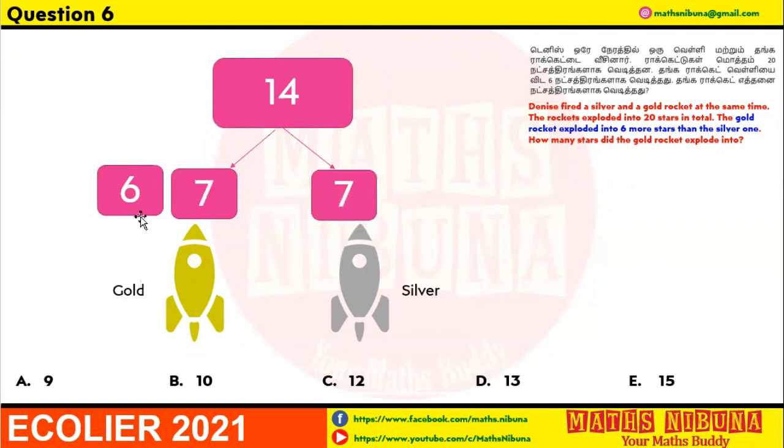Now you see, gold got 6 plus 7, 13, silver got 7. So this is how you have to do it. Now the question is, how many stars did the gold rocket explode? Gold rocket total 6 plus 7 is 13. So the answer is D.